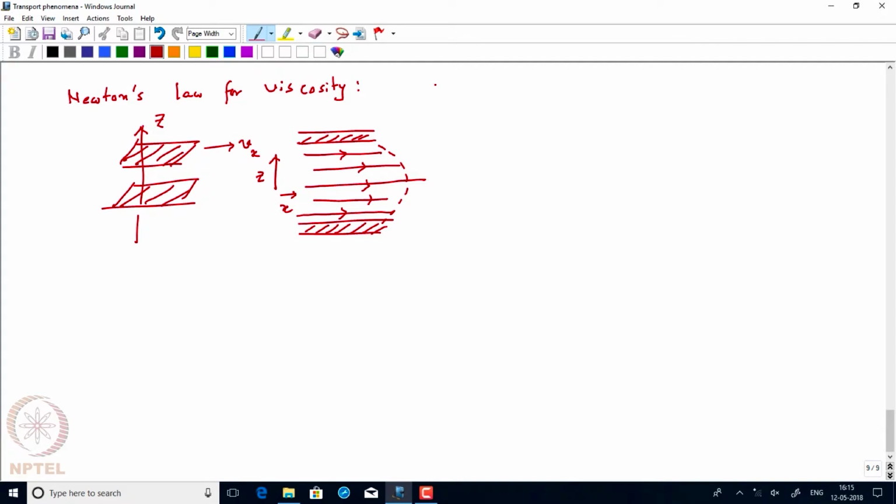What is Newton's law? Newton's law is again some flux, the viscosity equation, which is a function of z, and that will be the negative of the gradient of the momentum, which is nothing but m times Vx, where m is the mass of each particle, del z, and times you have eta.